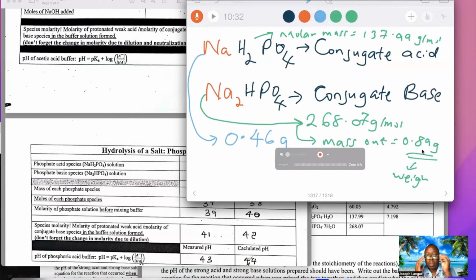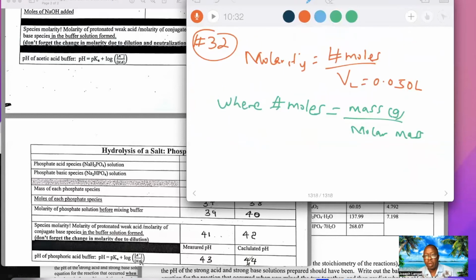And by the way, the analytical balance we have in the lab reads to 3 places of decimal, so I don't want 2 places of decimal. Having said that, you plug in the equation to get the molarity of the acid.